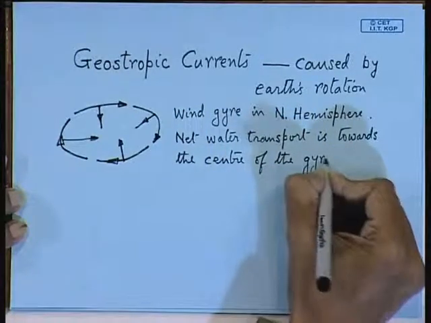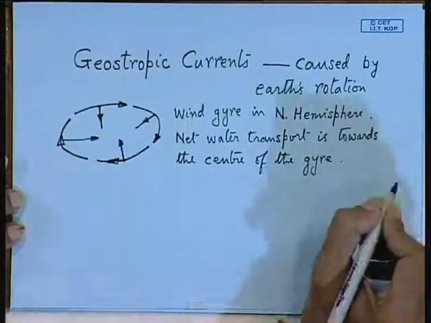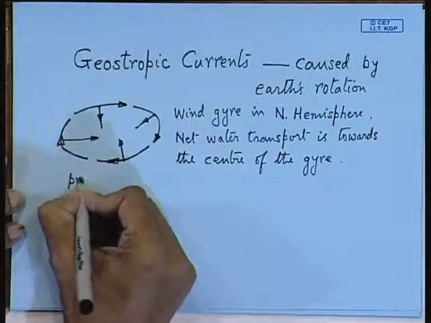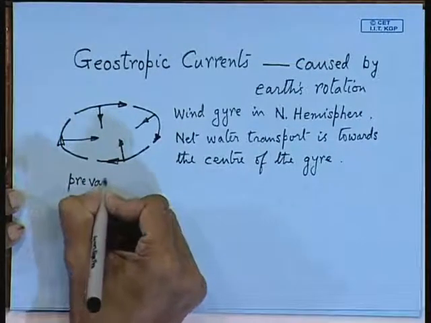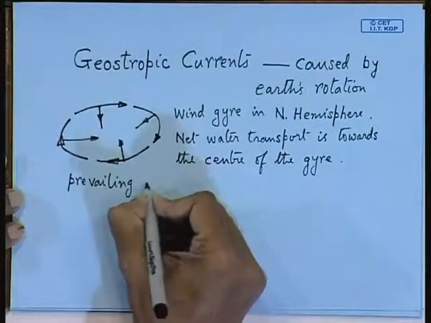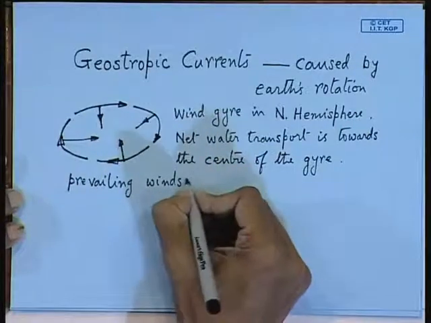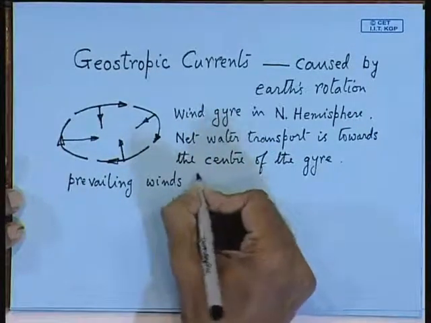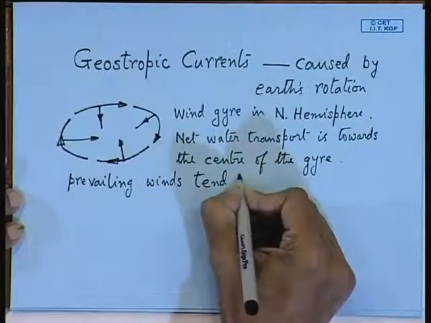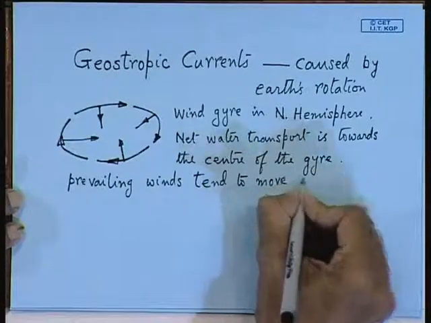Huh? So, the water surface is not as flat as you see. So, prevailing winds tend to move surface waters.